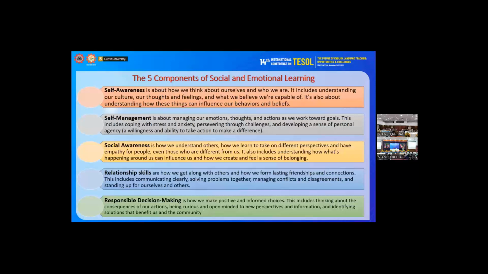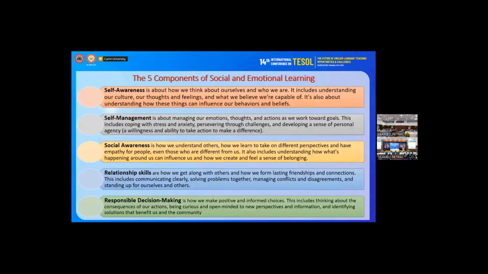We also have social awareness, which is how we understand others and how we learn to take on different perspectives and have empathy for people. We want our students to have that quality. And the other are relationship skills.